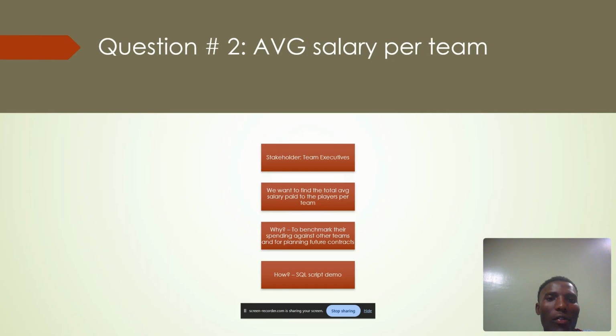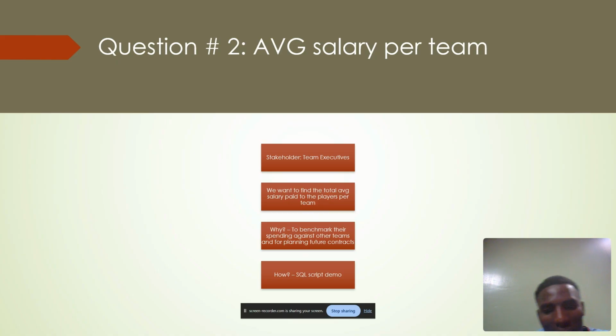Question 2, to find the average salary per team. The stakeholder is the team executives, and the question is that we want to find the total average salary paid to the players per team.